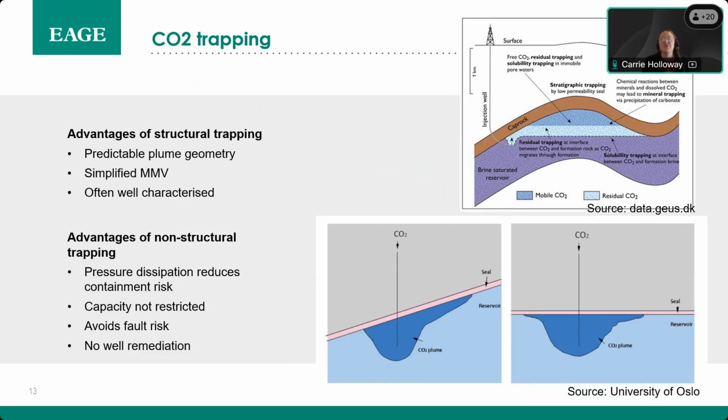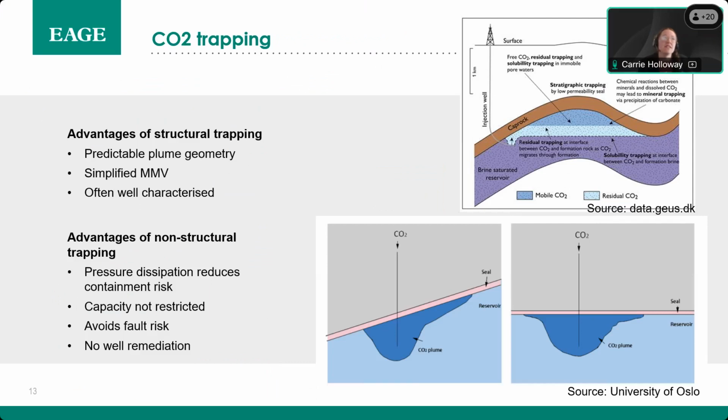If we consider the majority of the projects being developed for CCS, we can consider splitting them into 2 main categories: structural trapping and non-structural trapping. A structural trap is your typical 4-way closure, your anticline. Often these will have been previously explored for petroleum resources.